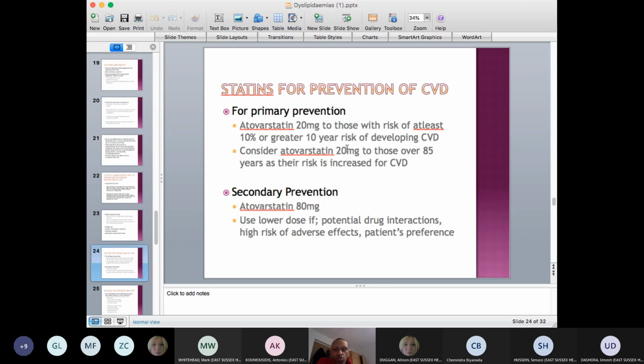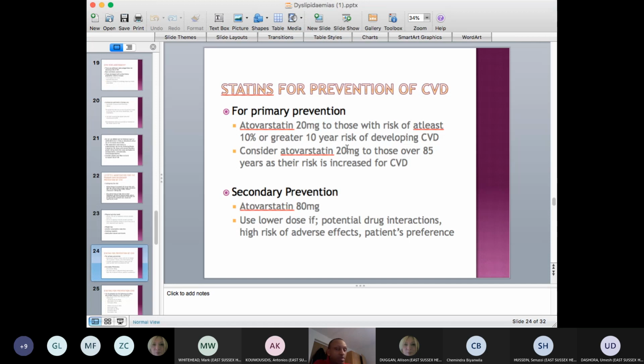And always consider atorvastatin 20 milligrams for those over 85 years of age, as they are also at increased risk. Now, if you come in with a heart attack, especially a STEMI, it's recommended you take 80 milligrams of atorvastatin. Of course, there are some people who may have potential drug interactions. For those you should consider reducing the dose, or those who have other drugs where you may end up with a lot of adverse effects.